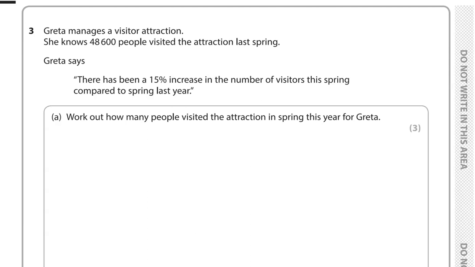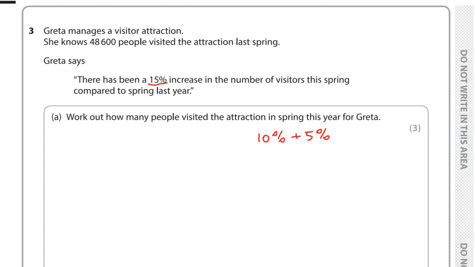So we need to work out 15% of 48,600. Since we can't use a calculator, we're going to have to split that into 10% and 5% because they're easier to work out. So that in total makes 15%.